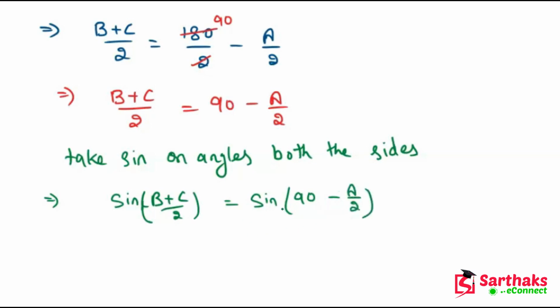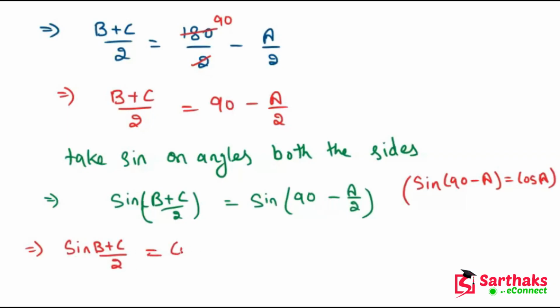We know sin (90 minus A) is equal to cos A. So here we get sin of (B plus C) divided by 2 is equal to cos A upon 2. I hope you understand these things.